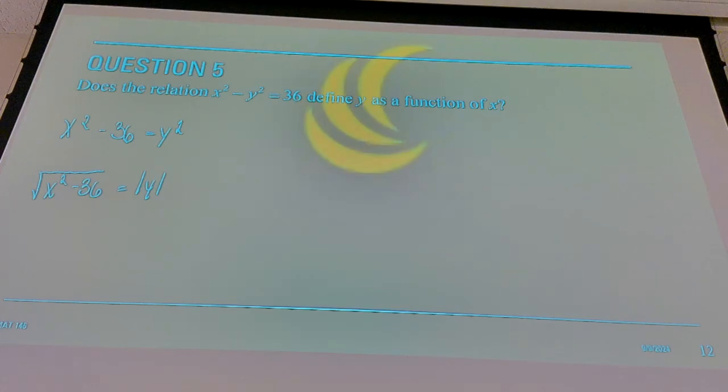Let's have a tiny pop quiz. Can you simplify the square root of x squared minus 36? And if so, how? No, it cannot be.